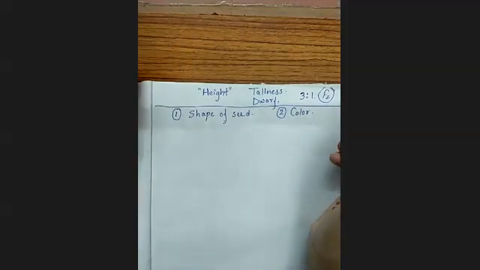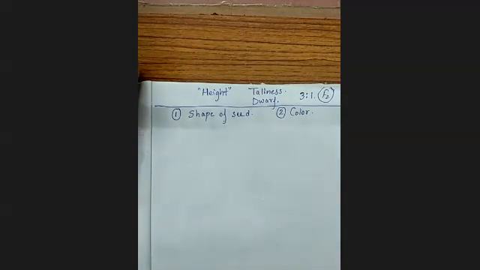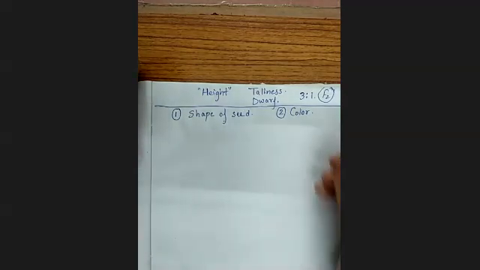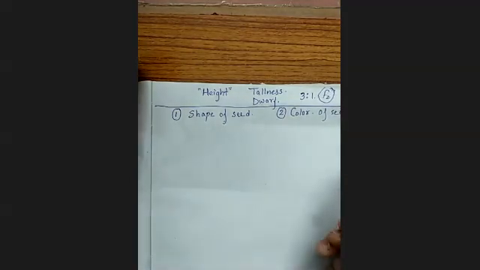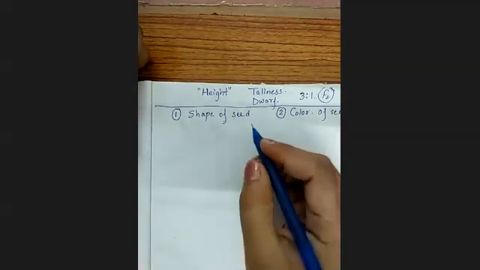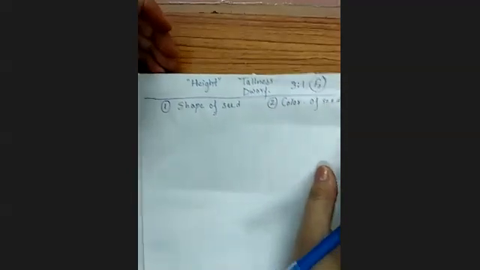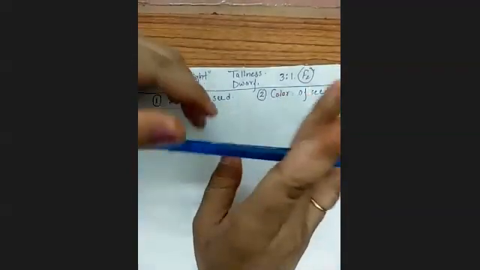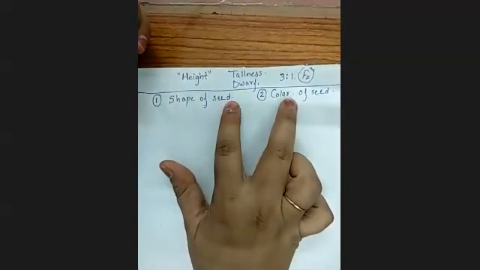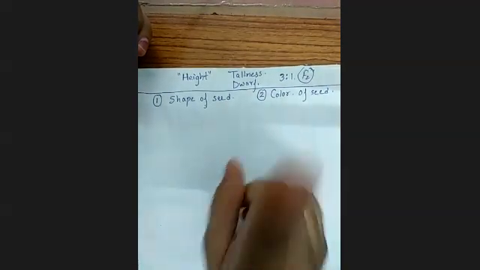So he took seed color and seed shape, two characters, to study at the same time in one experiment.